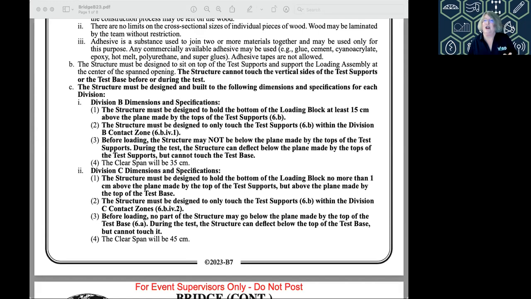In measuring, don't build right to the tolerance specified. So if something can be 30 centimeters big, build it to 29 3/4. All right, go a smidge on the safe side.